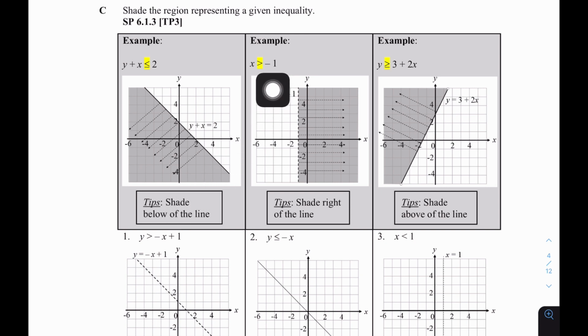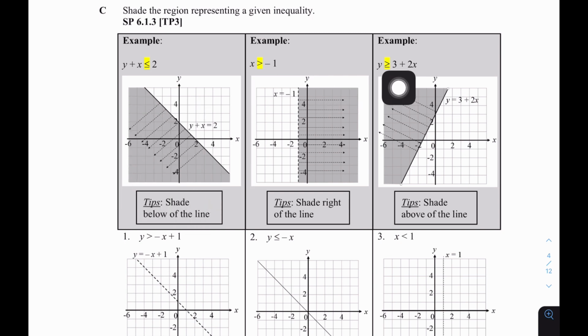Next, more than, no equal sign. So you will draw it as dotted line. So more than awak akan shaded belah kanan. Tengok je dia punya simbol ni kan. Simbol dia ke sana, so kita shade pun ke sana. Macam ni simbol ni ke kiri, kita lorekkan ke bawah belah kiri ni.